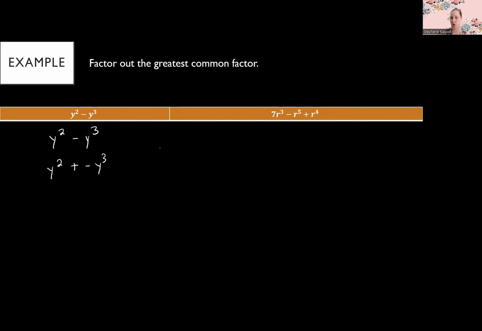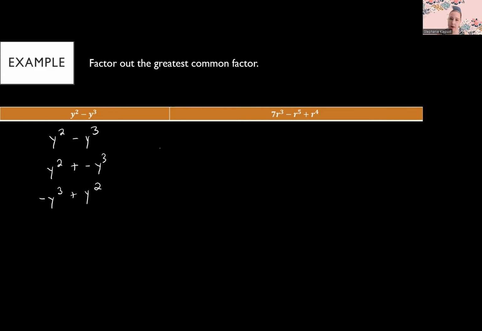So it's a negative y cubed and then y squared. Just conventionally, when you're writing these things, if you have something with an exponent, we want the highest exponent first.